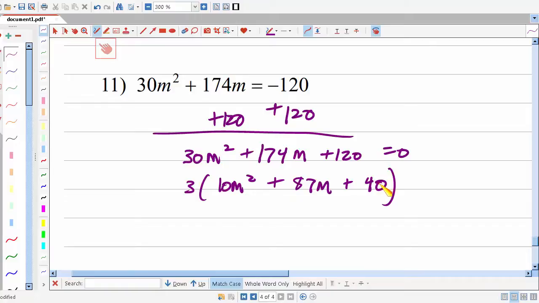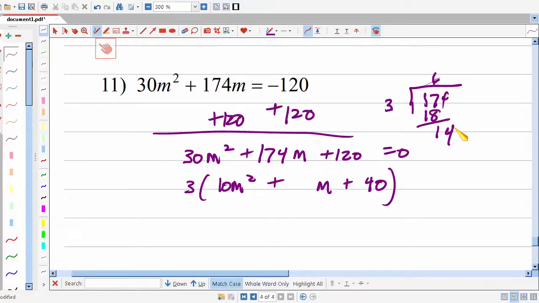Okay, so now let's see, what do I have? 174 divided by 3.